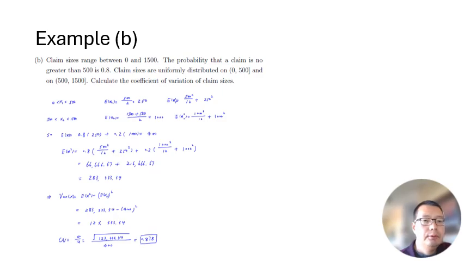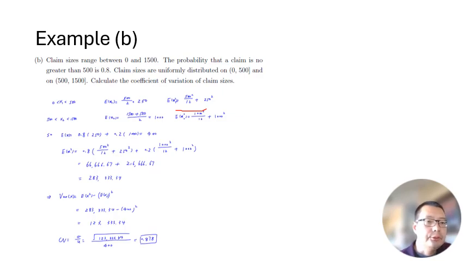The second moment, or the expected value of X squared, would be this much. This is just the uniform distribution. Similarly, if X2 is between 500 and 1500, you can calculate E[X2] and E[X2 squared]. Still, these are uniform distributions.